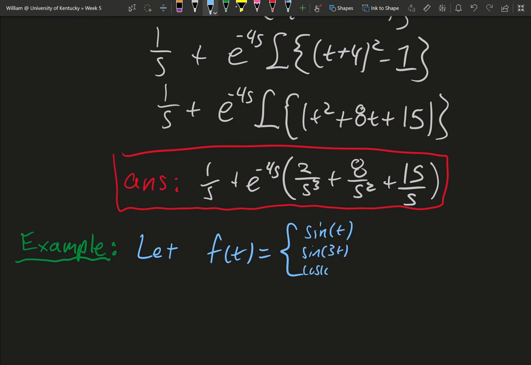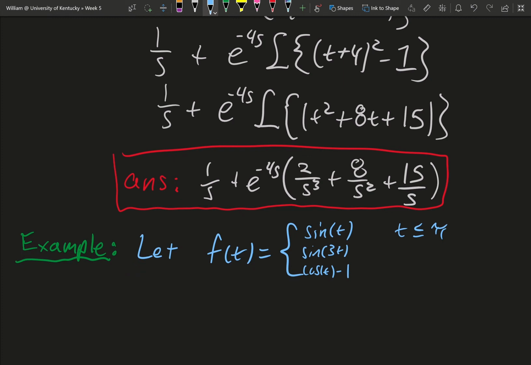Let's do one more example just to try to illustrate the general pattern, and I'll say a little bit about that pattern. So we'll consider the piecewise function where, if we're less than pi, it's equal to sine of t.